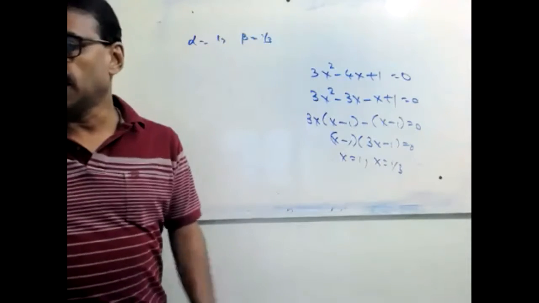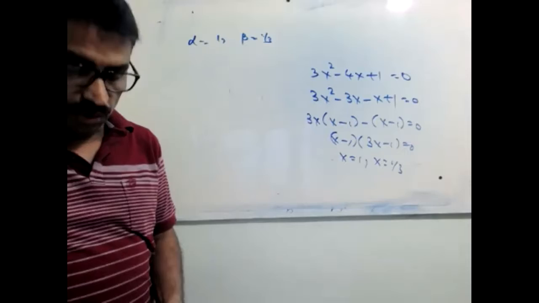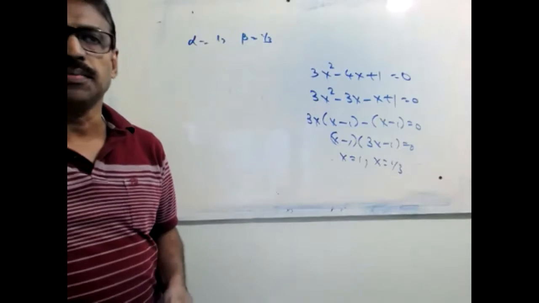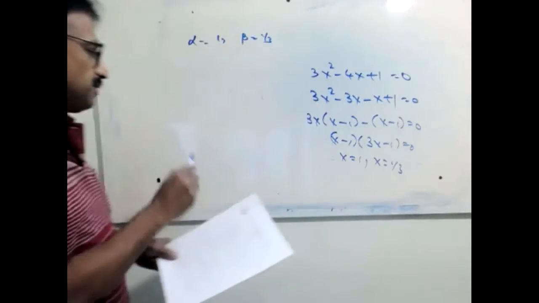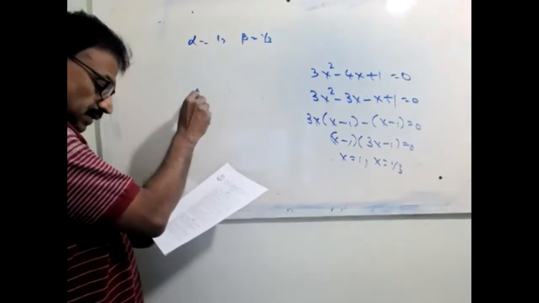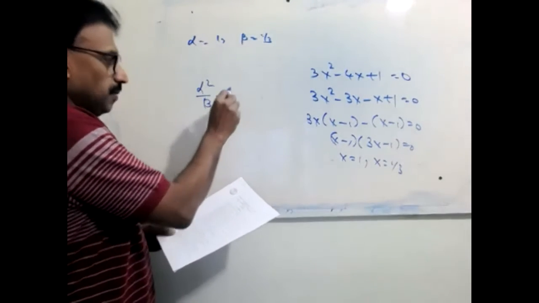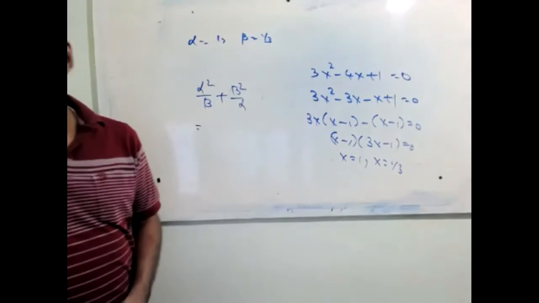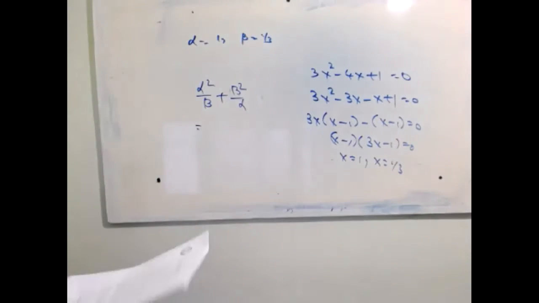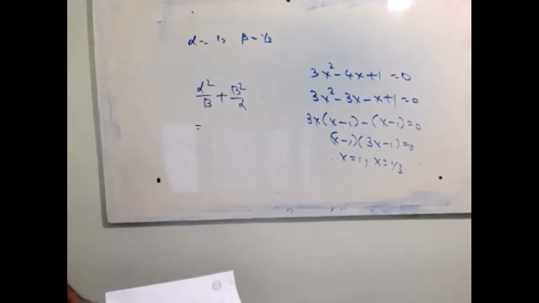Sum of the zeros of the required polynomial is alpha square by beta plus beta square by alpha.